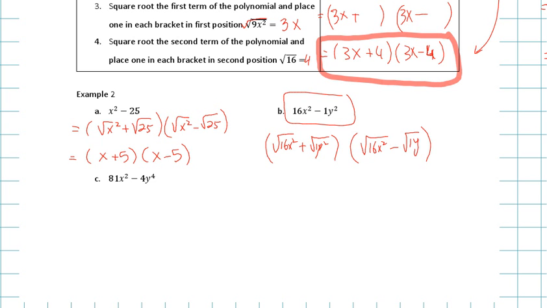So what's the square root of 16x squared? 4x. What's the square root of 1y squared? Y. Okay, you're gonna do the next one.